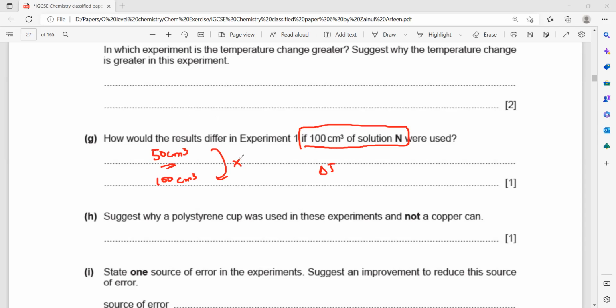Because from the burette, we are adding an acid and we are adding the same amount of acid. So the temperature change will be half.